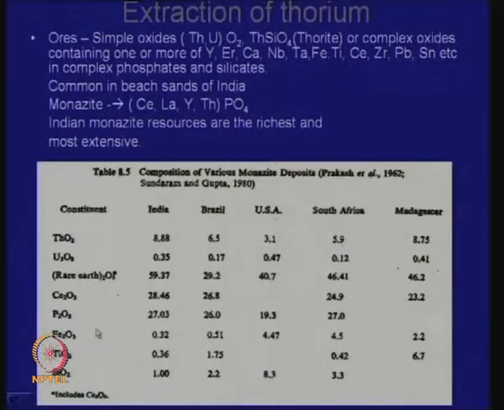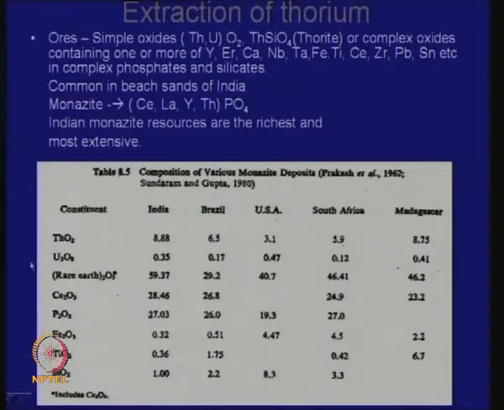Now, the thorium ores are in plenty in our country, and we are very lucky that way, and that is why they are found in the beach sands of South India, both western coast and eastern coast. They have different composition of course, and their export is banned. It has been banned for a long time.